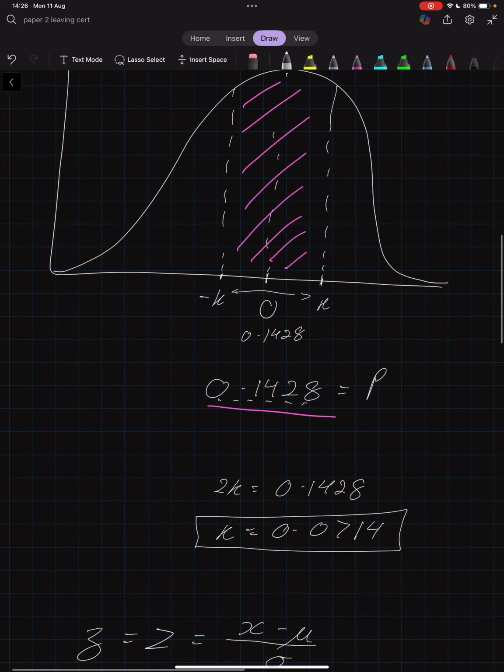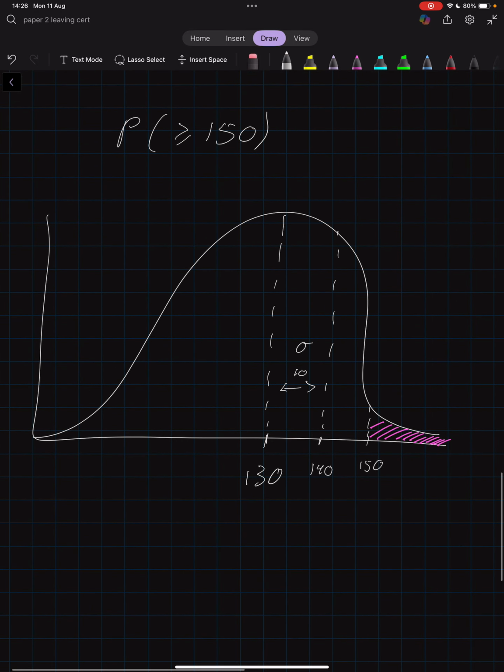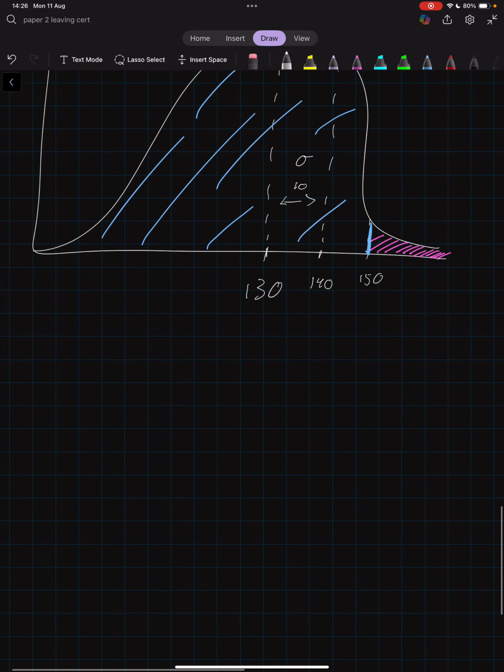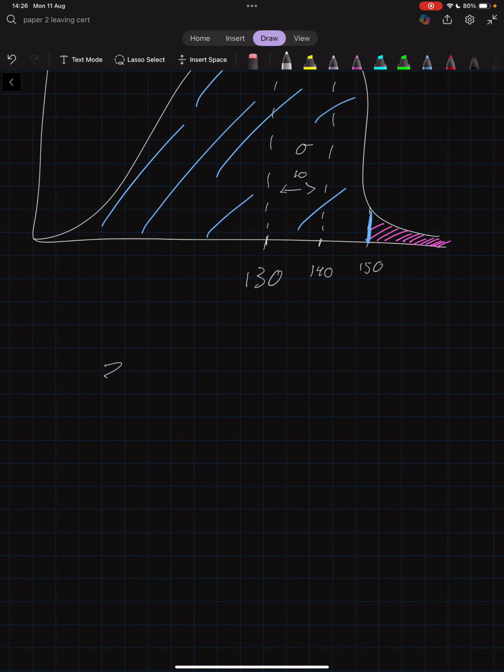So if I go left of this number, I'm getting all of this area. So all I need to do is take 100%, or 1 minus whatever the area is, and I'll be left with the pink area. So let's get the z-score. The z-score is going to be 150, which is what I'm testing, minus 130, divided by the standard deviation, which is 10. So I get z equals 2.